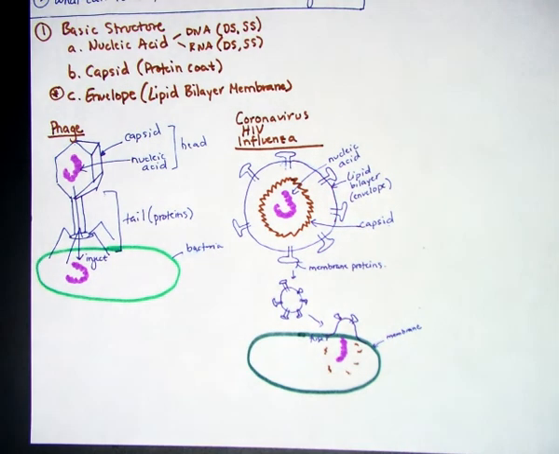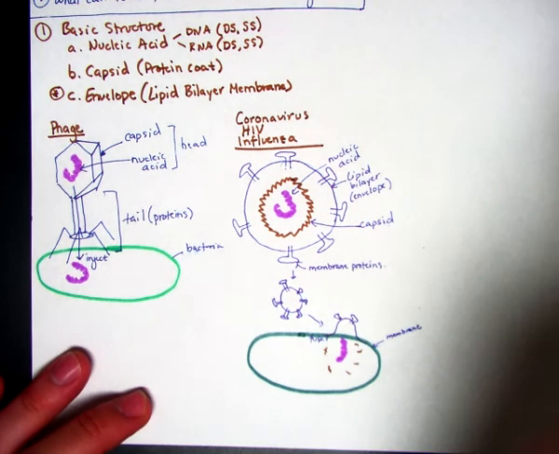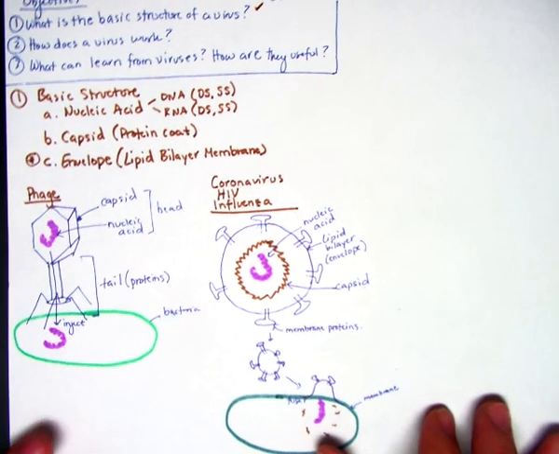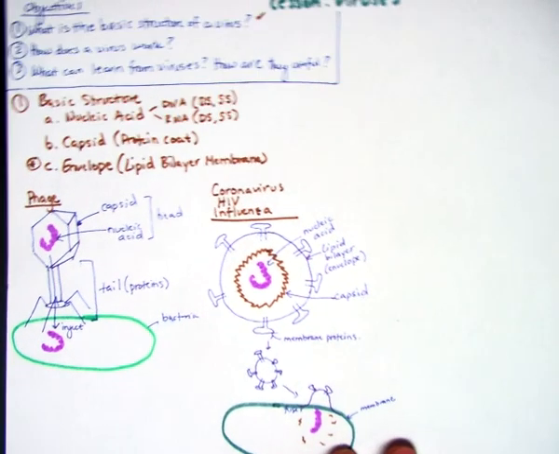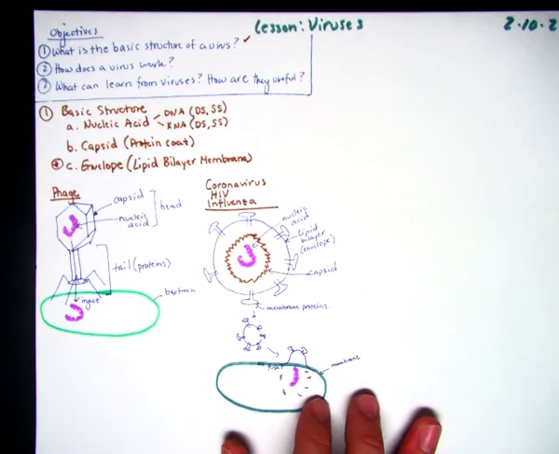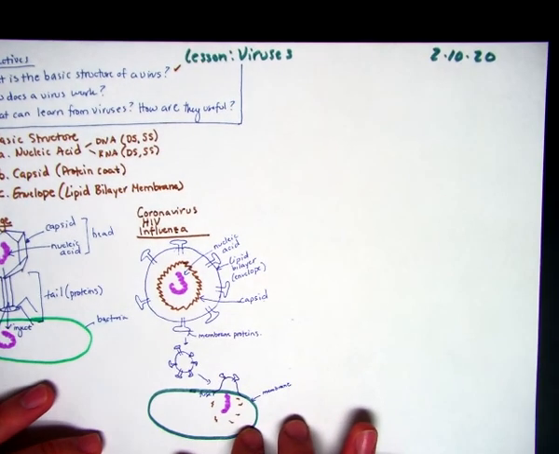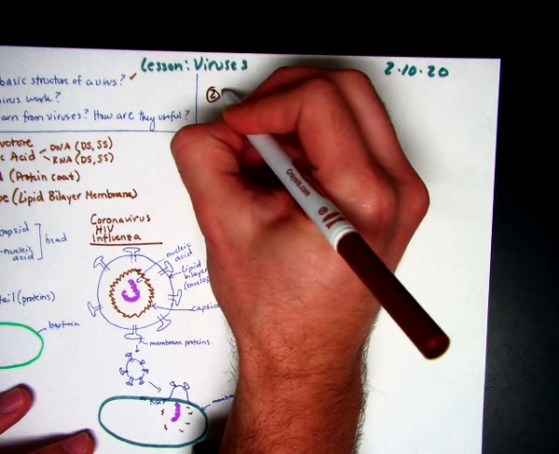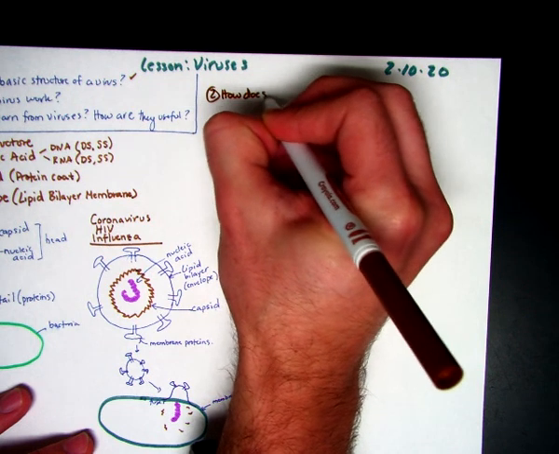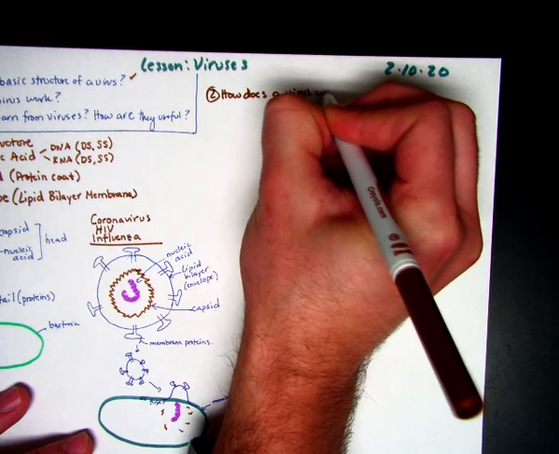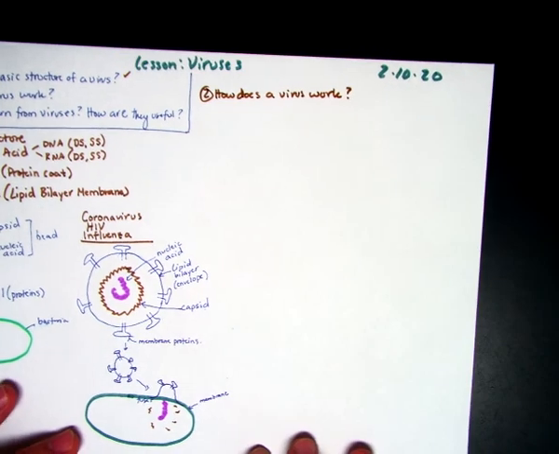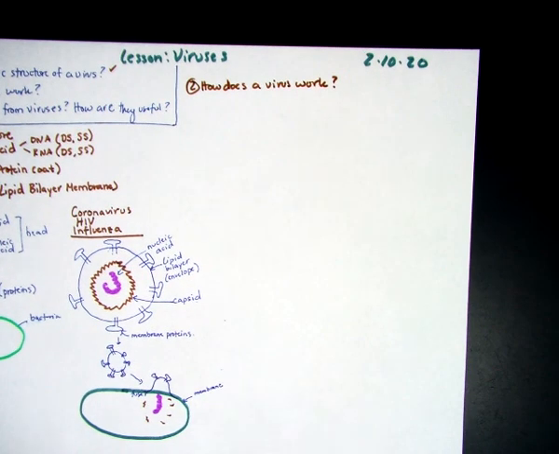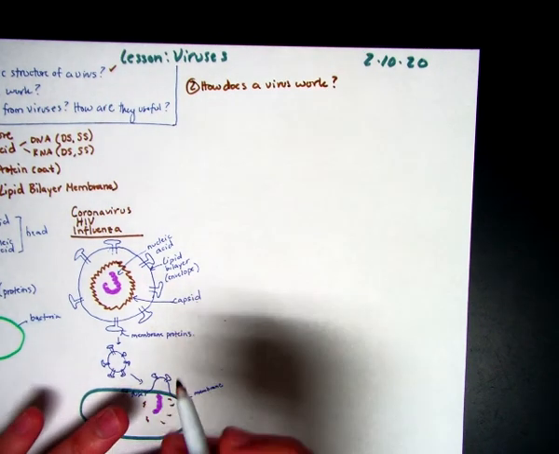So, we've got basic structure. Okay. Let's talk about how a virus works. We've already started to talk about this. So generally, how does a virus work? There's kind of four pieces to this.